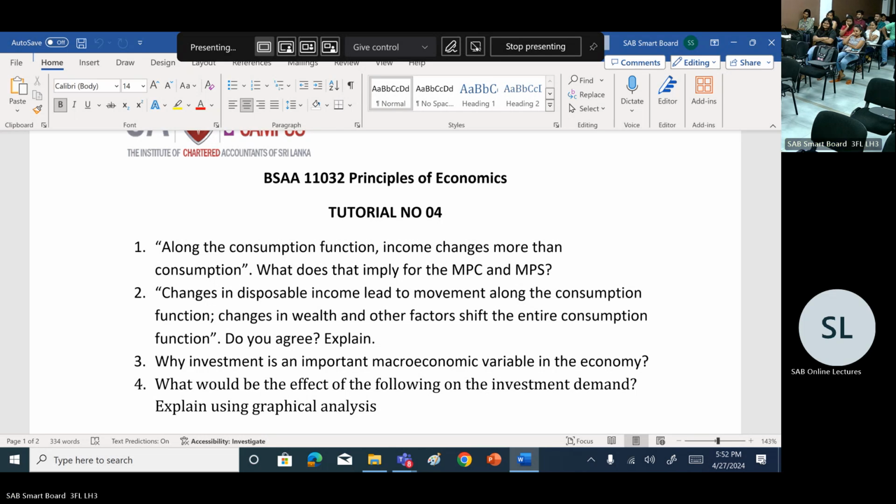Along the consumption function, if you take this common point, C and Y, here is the change in income, a small change.